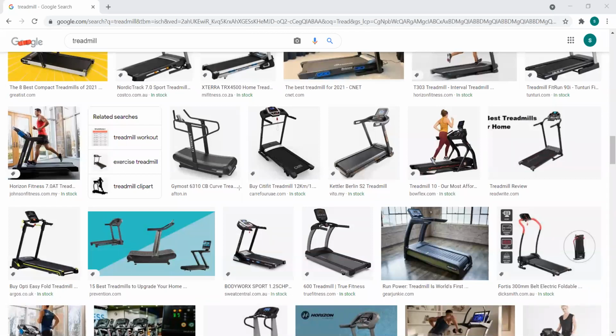This is a treadmill, and our question says a doctor is using a treadmill to assess the strength of the patient's heart. He sets the 48-inch long treadmill at an inclination of 10 degrees. How high is the end of the treadmill raised?